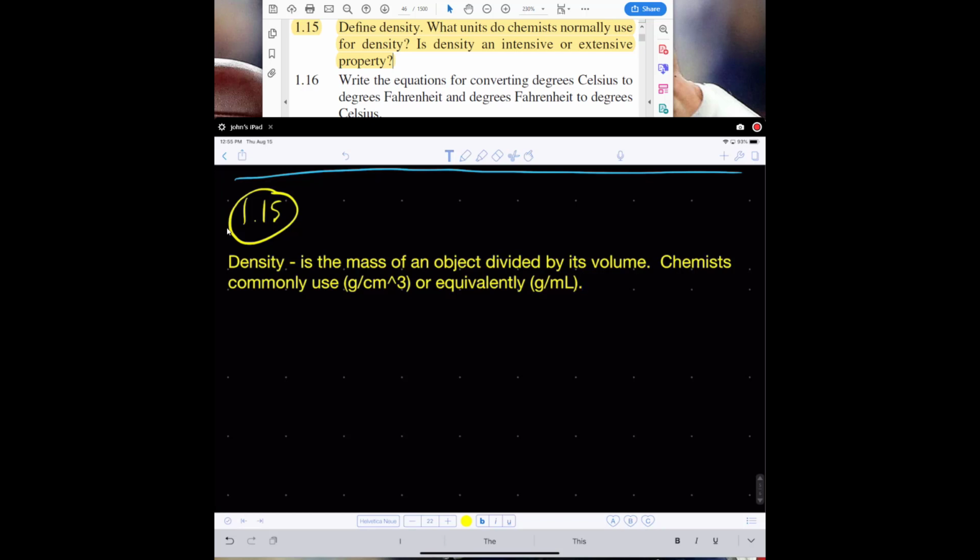So let's see, this next part is asking us, is density an intensive or an extensive property? Well, from the earlier questions, we already know that density is an intensive property. The density does not depend on the amount of matter being measured, right?